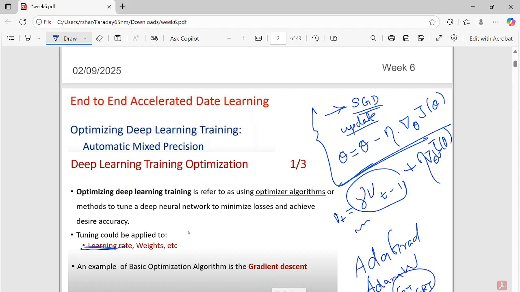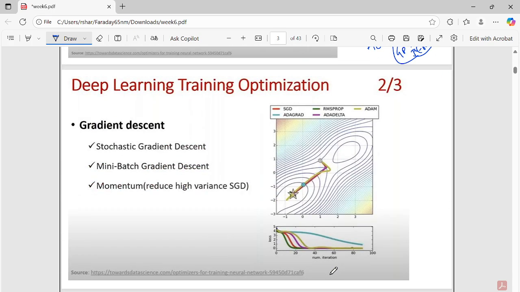And next is deep learning training optimization. So here we have three gradient descent based methods. We have stochastic gradient descent, which picks the data in batches randomly using probability.